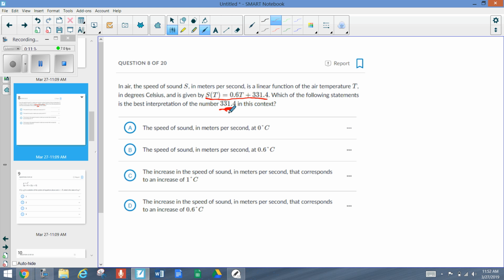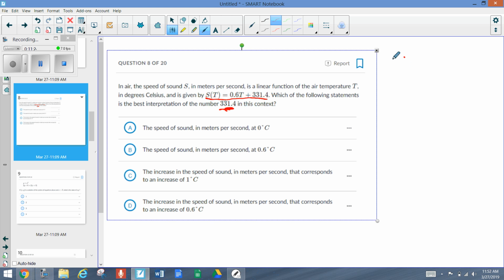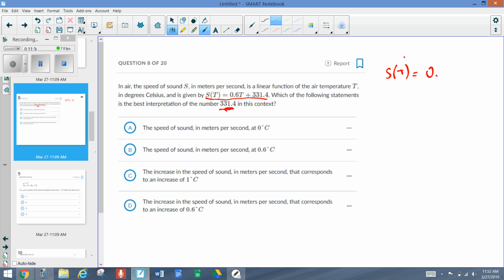A, the speed of sound in meters per second at 0 degrees Celsius. So which one represents the degree in the formula? T, right? In chemistry, you learned that one. What does C represent here? K. Perfect. Good chemistry knowledge.